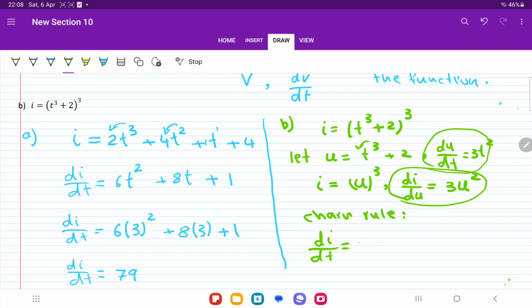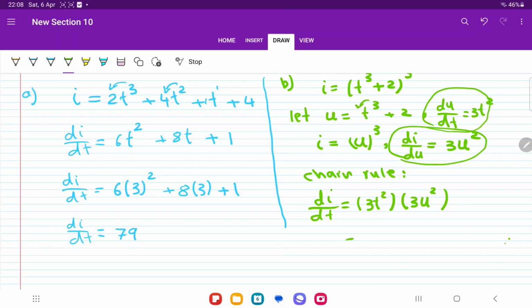So it will be 3t squared all multiplied by 3u squared. Okay, let's try to simplify. 3 times 3, 9 t squared u squared.